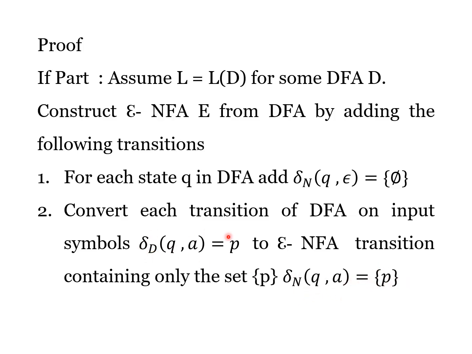So in the DFA, on state q giving input a, it goes to state p. Then in the NFA also, on state q with input a it goes to state p. The difference is that here it is simply p, and here we say it as a set {p}. That is the way you prove our if part.